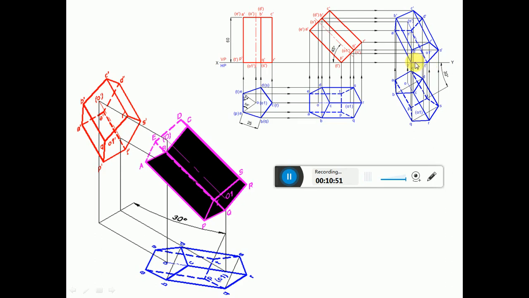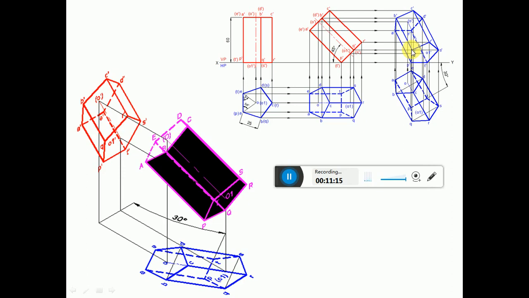Now, since Q dash and R dash are not on the boundary, if any one of the edges from a point is visible, then automatically the edges emanating from that point become visible.